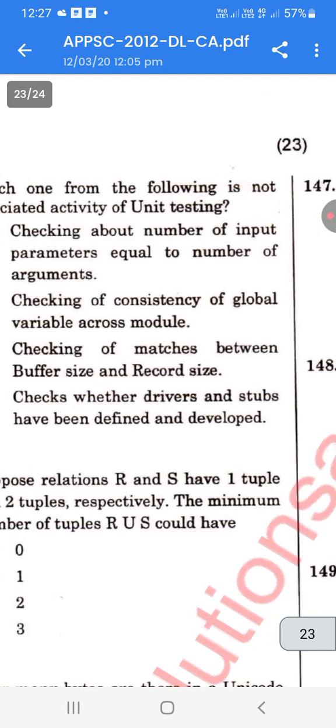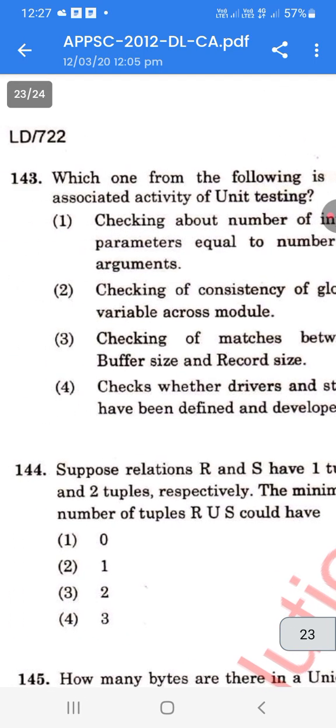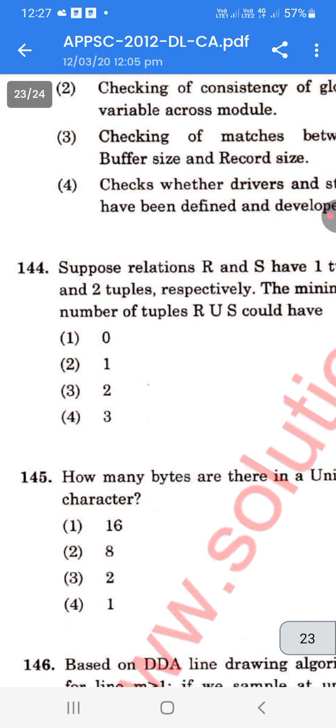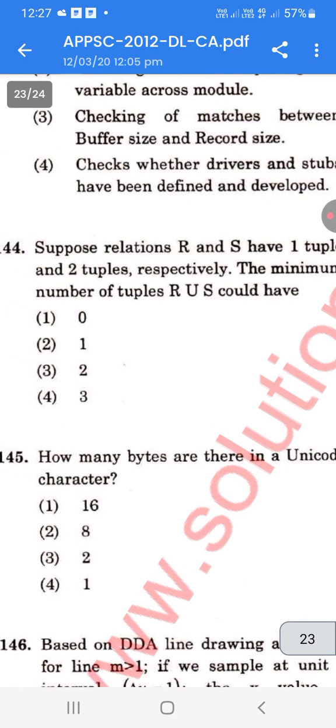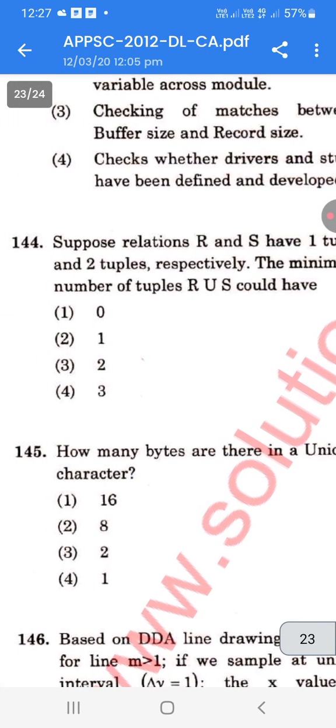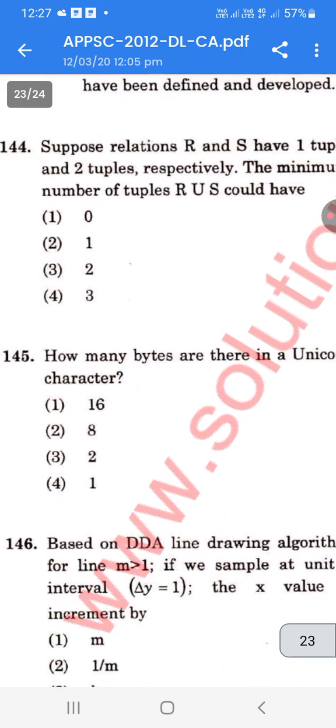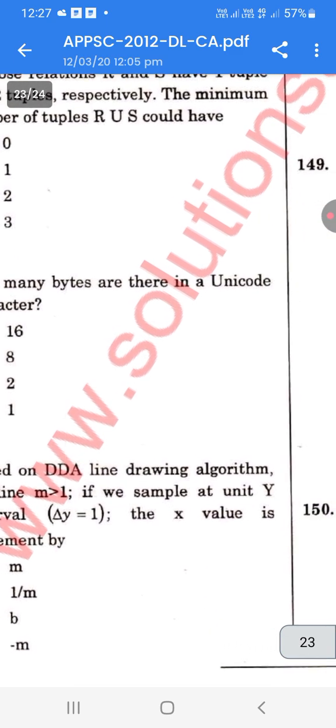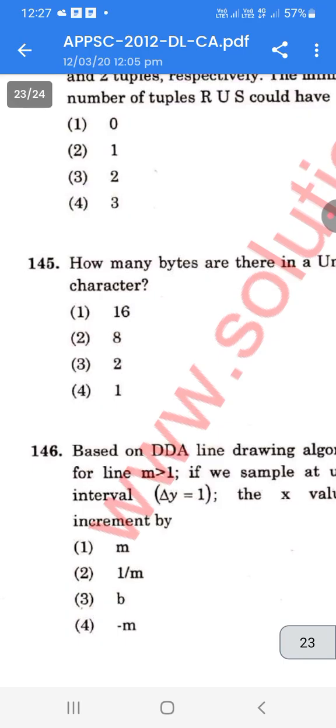Checking of consistency of global variable across module. 144. Suppose relations R and S have one tuple and two tuples respectively. The minimum number of tuples R union S would have. 144. 3. 2. How many bytes are there in a Unicode character? 145. None.